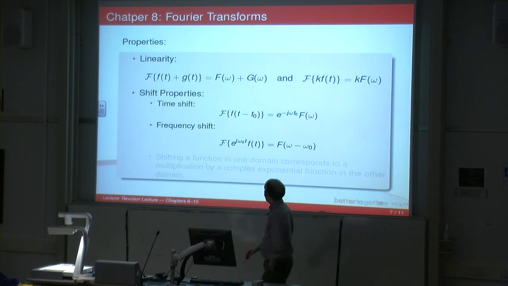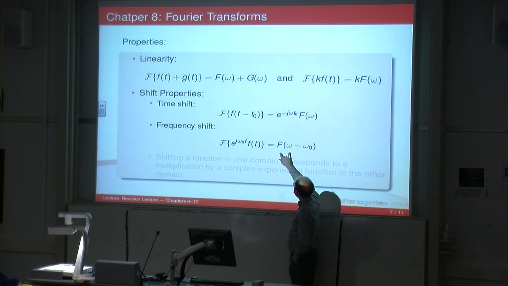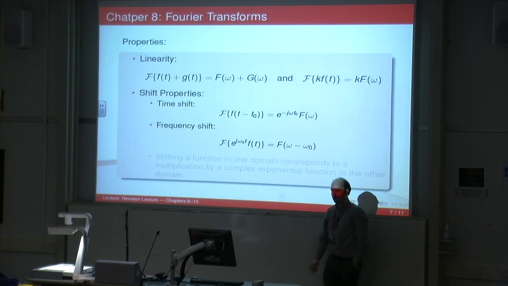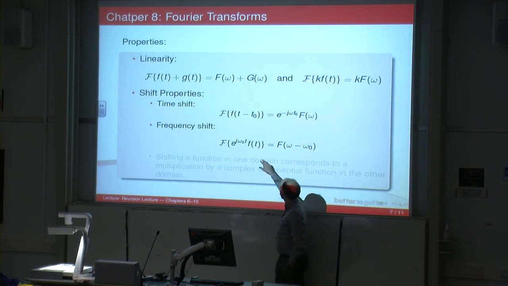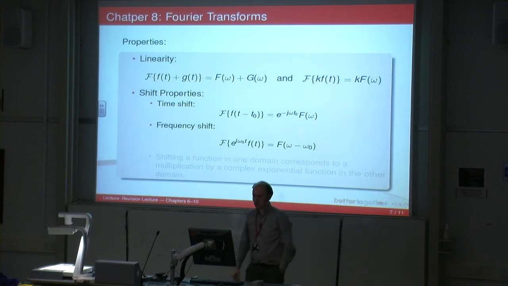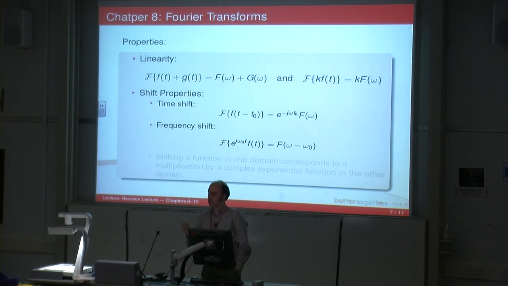Frequency shift is similar. If you've got something in the frequency domain that's been shifted over by a certain amount omega naught, say your sinc function shifted over by omega naught, then the inverse Fourier transform of that will be your inverse transform as if it hadn't been shifted, multiplied by e to the j omega naught t, where omega naught is the amount you've shifted in the frequency domain.